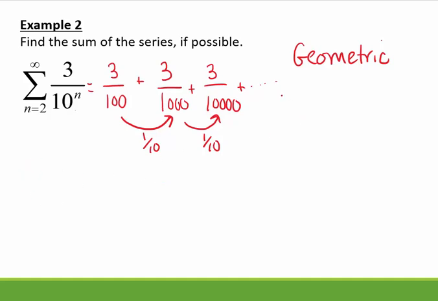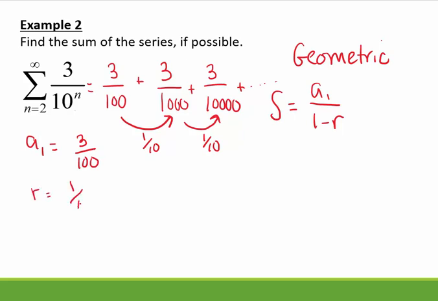If you remember from Algebra 2, the sum of a geometric series is your first term over 1 minus the ratio. So let's look here. Our first term is 3 over 100. Our ratio, I keep multiplying by 1/10. So our sum is going to be 3 over 100 divided by 1 minus 1/10.